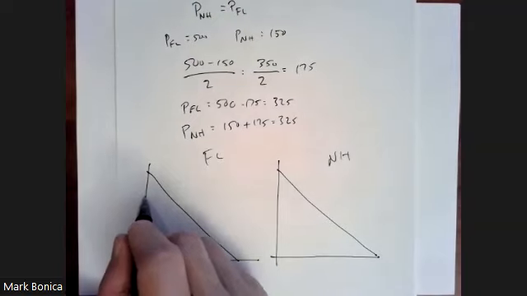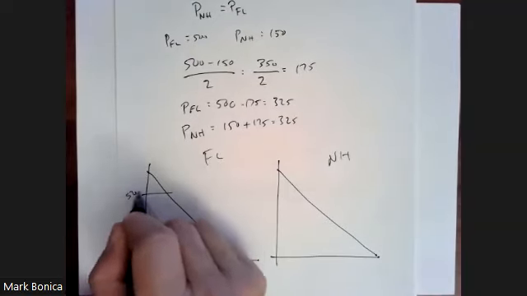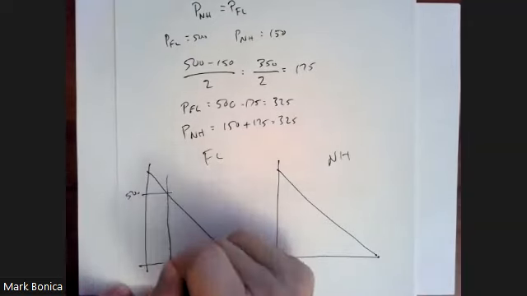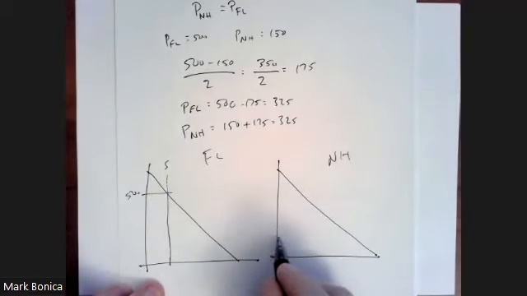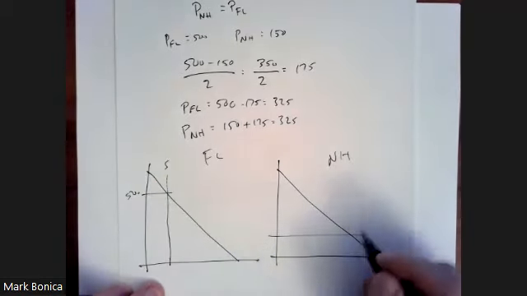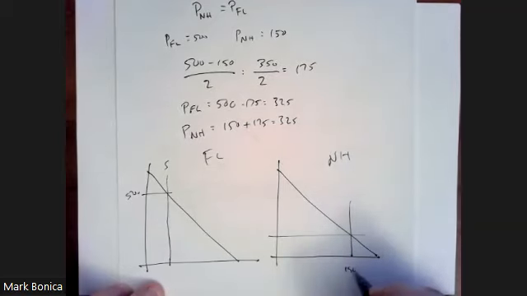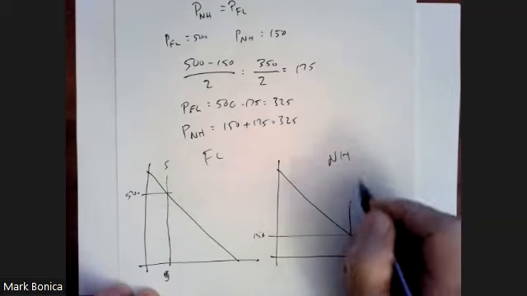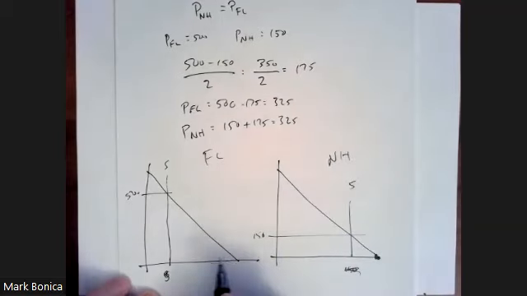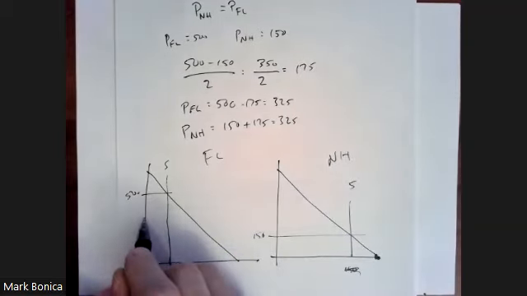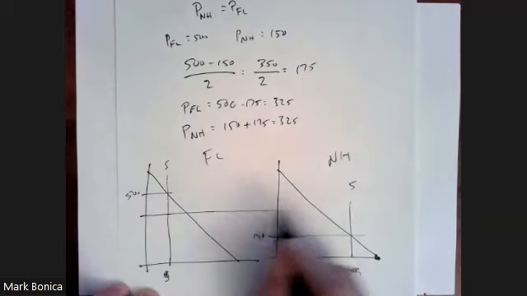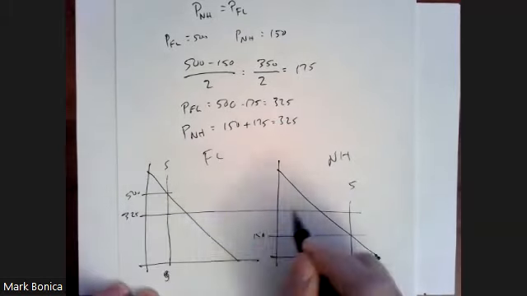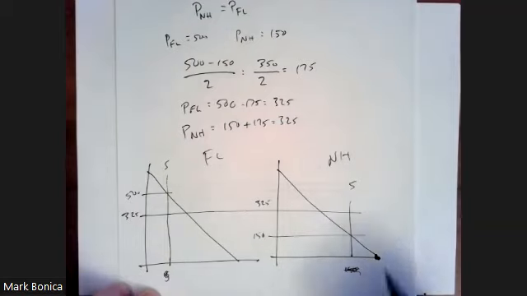And Florida is currently at 500, and New Hampshire was at 150. Sorry, 150, right? And so what you would expect is for the prices to equalize at 325 and 325.